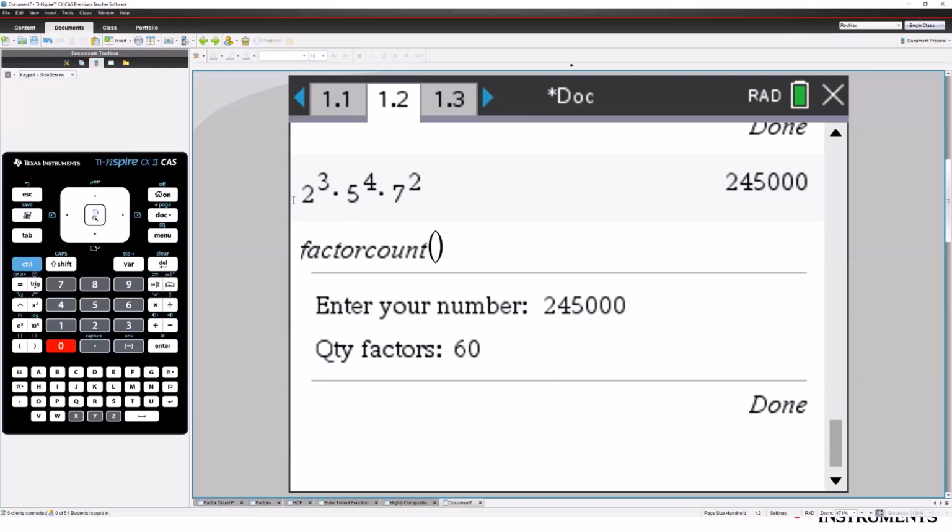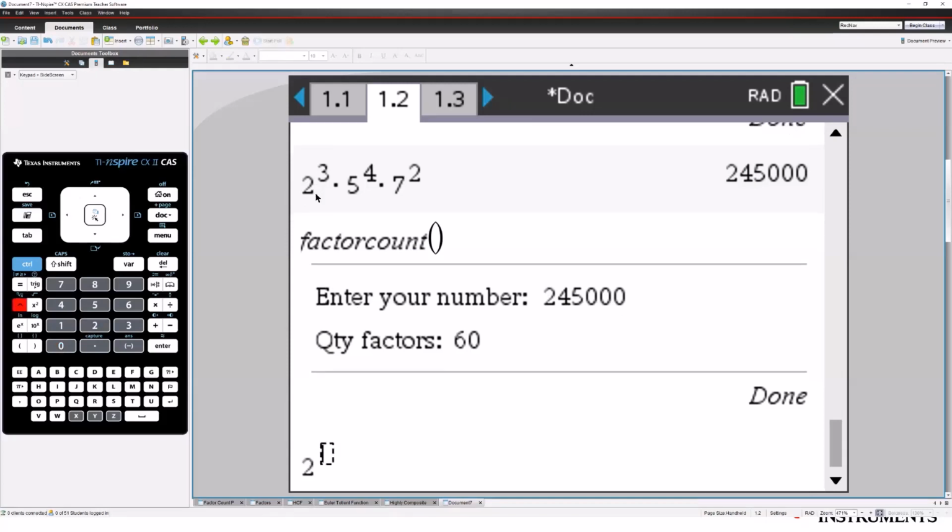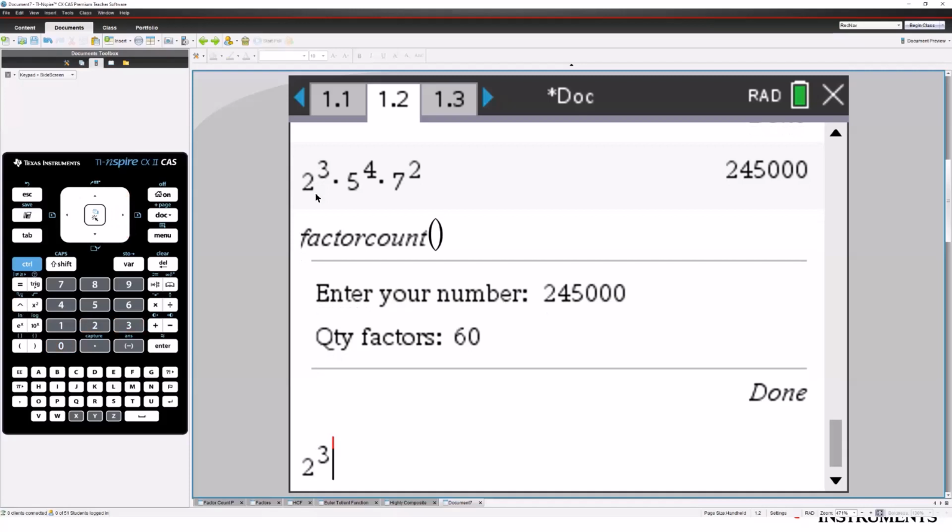But I want students to realize all they've done so far is explore a product of 2 primes. What happens if it's 3 or 4 or 5 primes? Does it matter if it's, say, for example, 2 to the power of 3 times 5 to the power of 4 times 7? What happens to the fact that I don't have an exponent up the top, the invisible 1?